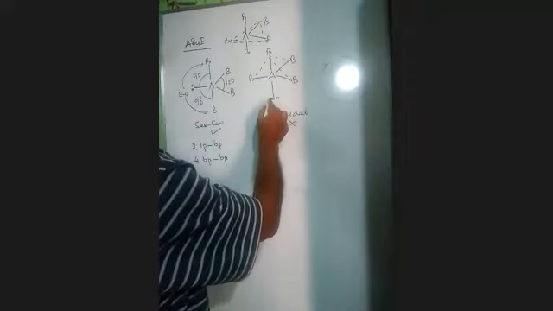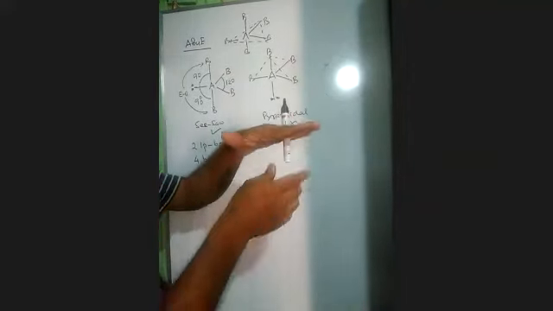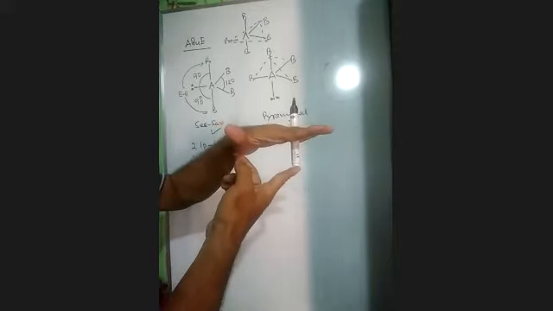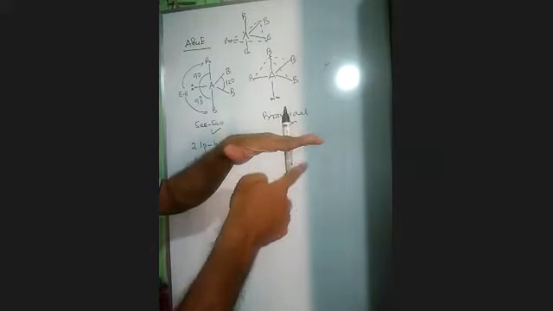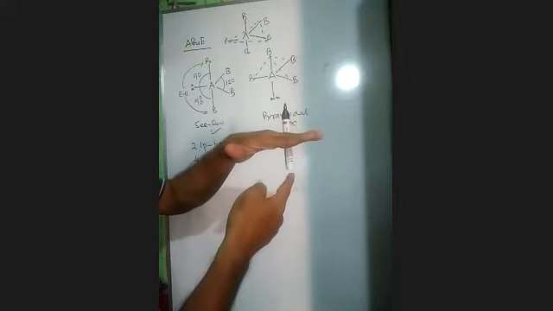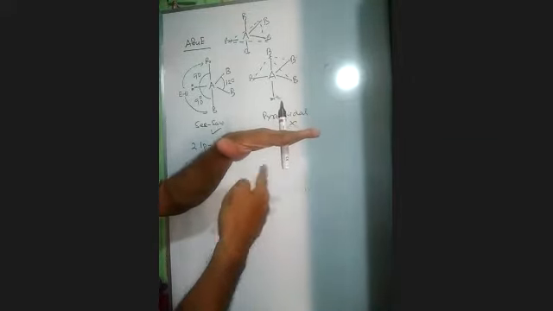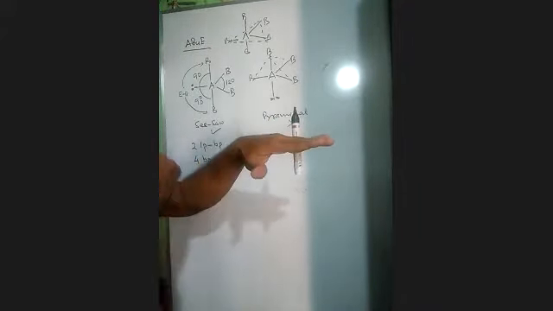Let us come here. Look. In this case, see, this is the lone pair. This is the bond pair, this is the bond pair, and this is the bond pair. All are 90 degree. So you have one lone pair repulsion, second and third. And how many bond pair repulsions do you have from the top?